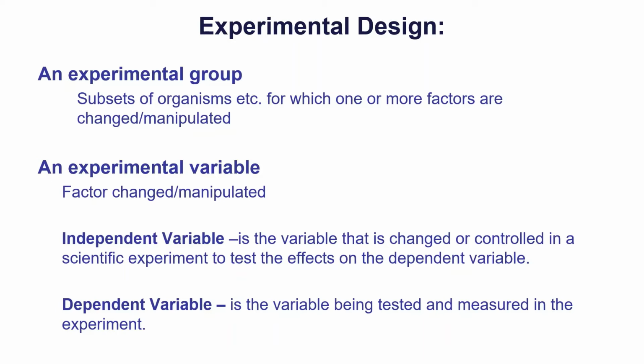Other things you're going to have in an experiment are variables. Variables are things that are changed or manipulated, right? I have two main variables to talk about. The first one is the independent variable. Sometimes people call it the manipulated variable.